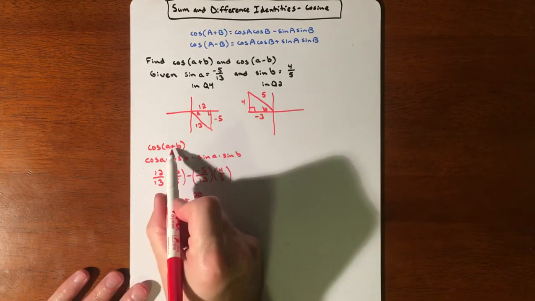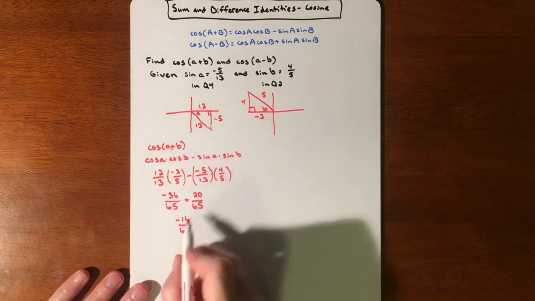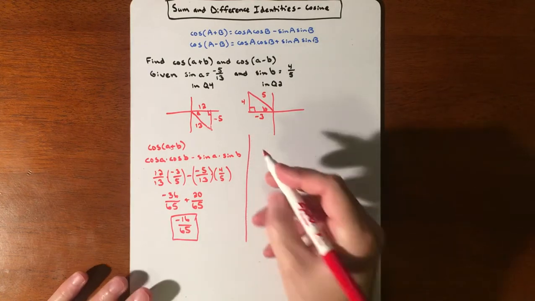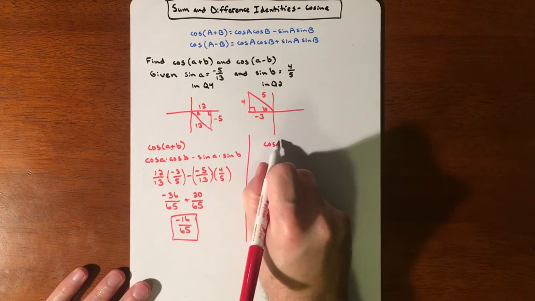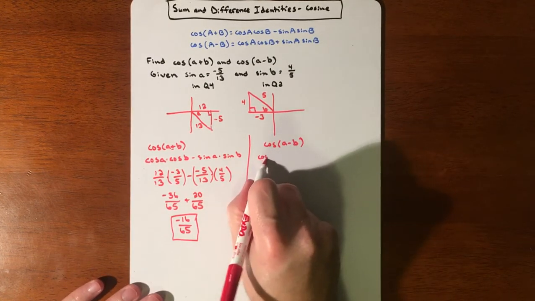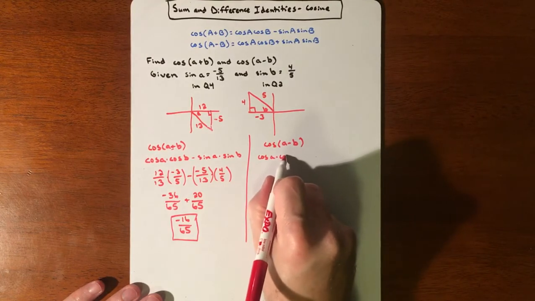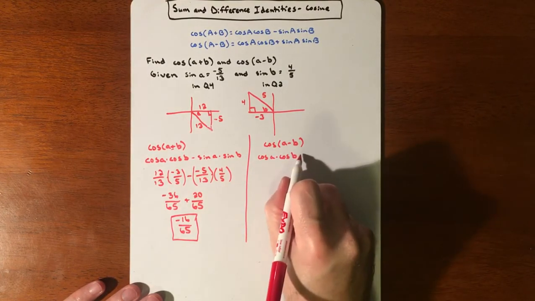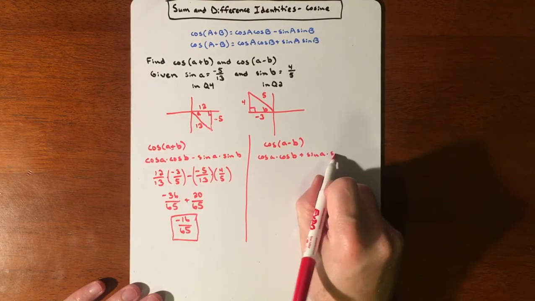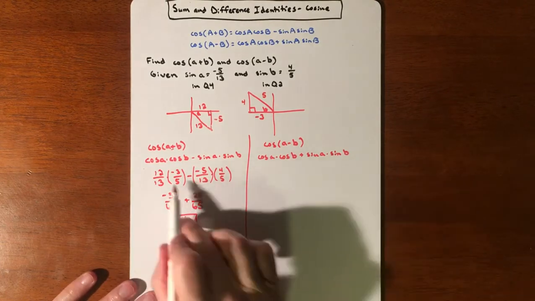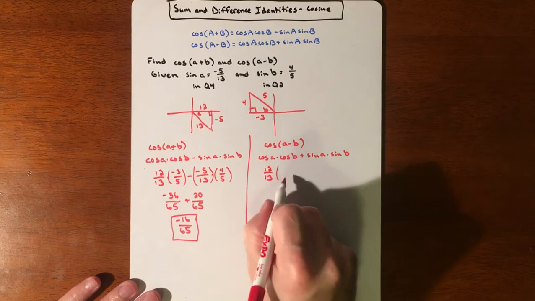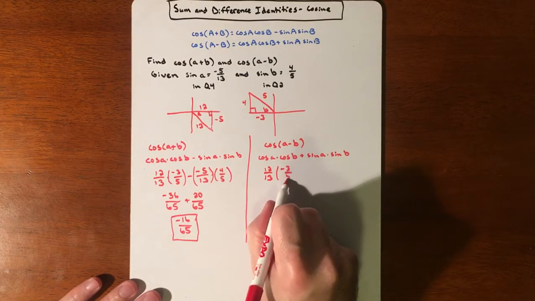And that is the answer. Again, we don't even know the angles, but if you added them together, that's the value that you get out. All right, and then if we do cosine of A minus B, we're looking at cosine of A times cosine of B plus sine of A times sine of B. So they're really the exact same values, so you're going to get 12/13 times negative 3/5.